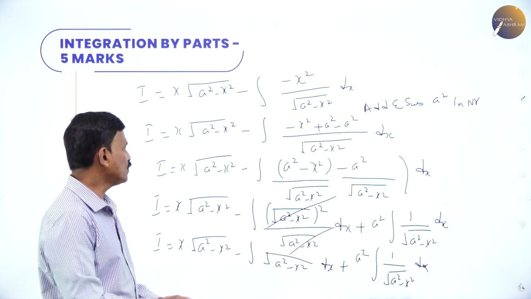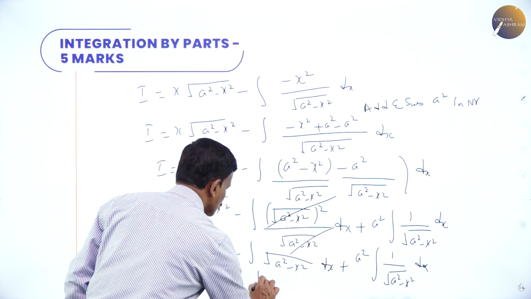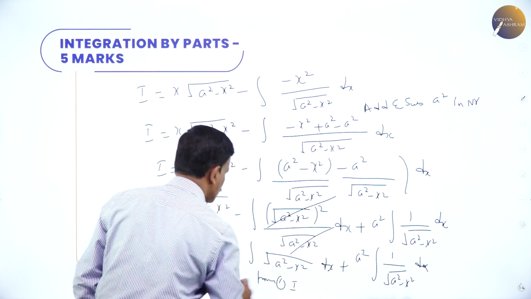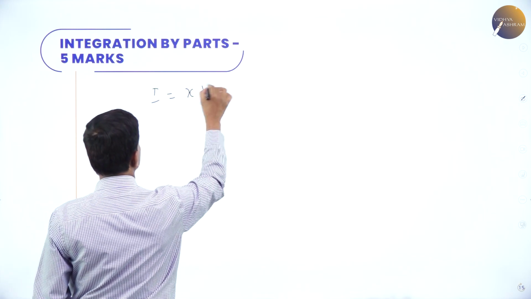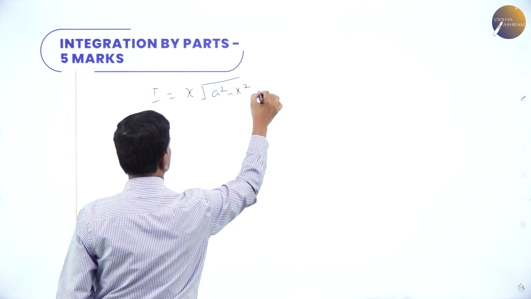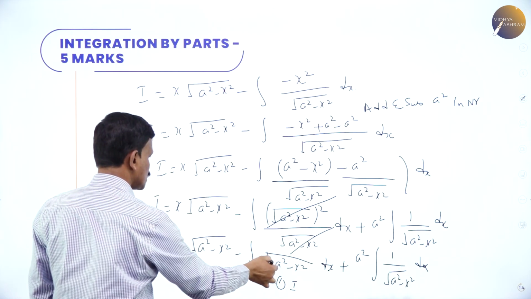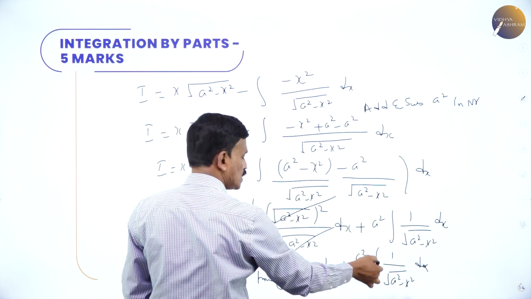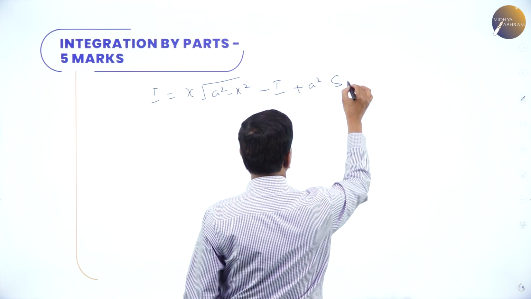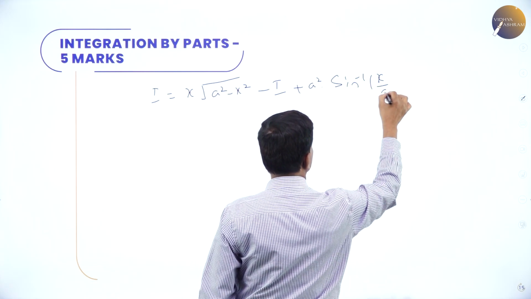If you observe carefully from equation number 1, this is I. So I is equal to x into root of a square minus x square minus I, plus a square into, you know what is integral of 1 over root of a square minus x square? Sine inverse x by a plus c.